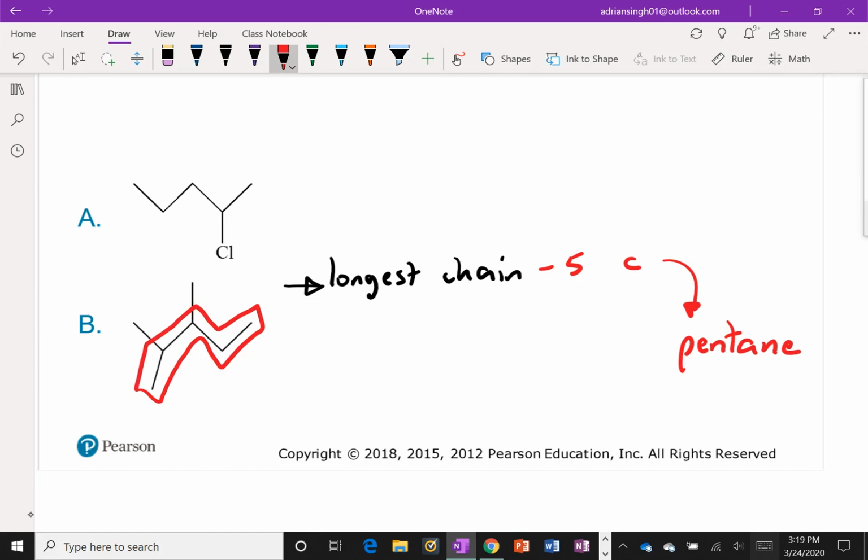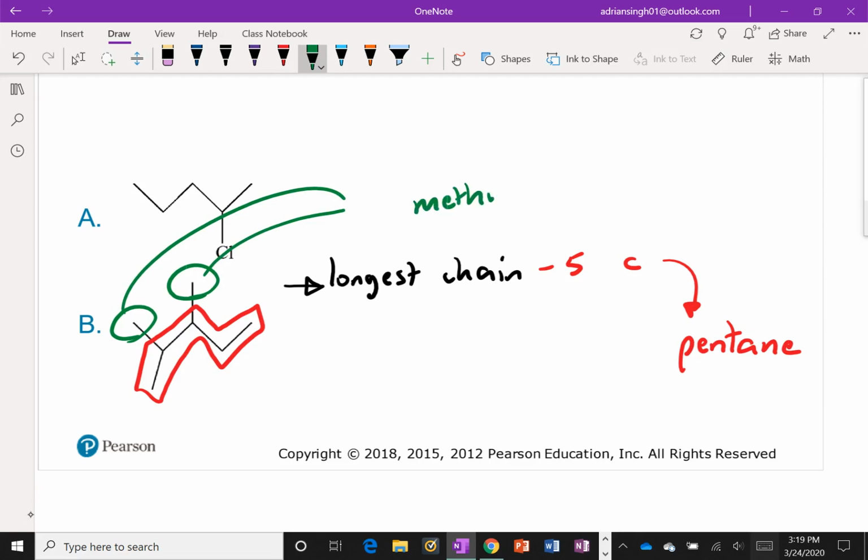Now we have to decide which direction we are going to number it from, and we want to number it to give the lowest number possible to the substituent groups. Where are the substituent groups? They're just hanging off of that chain, and there they are. We have 2 of those, and these are both methyls, so that's a dimethyl.